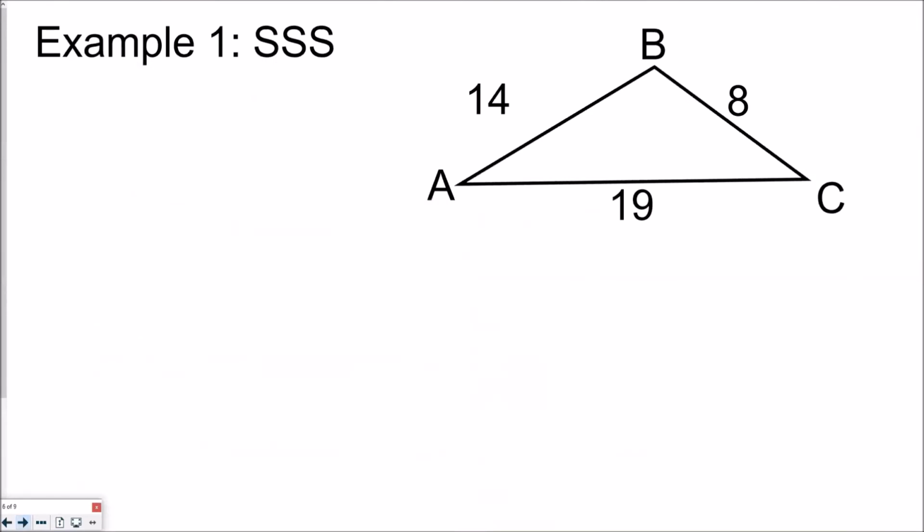I left them all in A, B, C, so we can use the formula. In this case, I have 3 sides, right? So what angle do I want to find first?